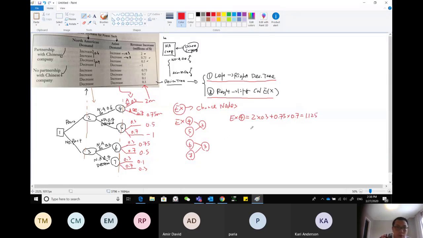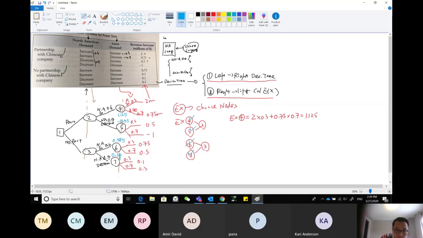Okay, so if I'm just calculating using the same method, I'll get the values here: 1.125, minus 0.55, 0.575, and 0.24. Okay, so now we know the value of here.